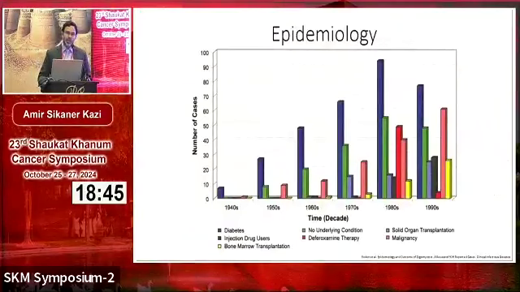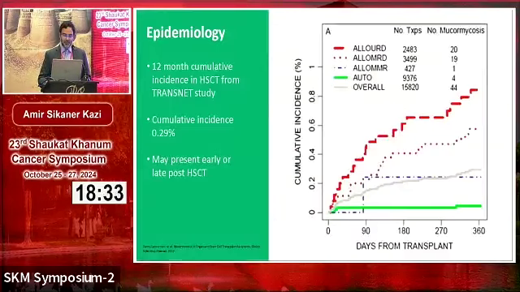If you look at the last 50 years, we're seeing more mucor in diabetes, in solid organ transplant, in stem cell transplant, and in malignancy. And so it has become a major issue of late. When we look at some of the data from the stem cell population, this was from the TransNet study. This was published in 2012.